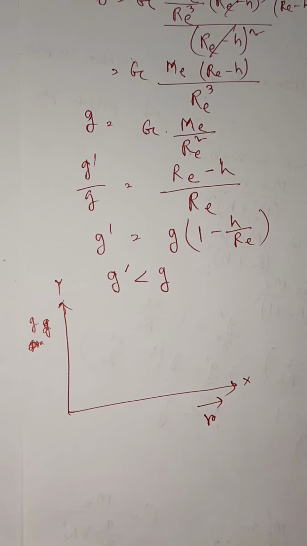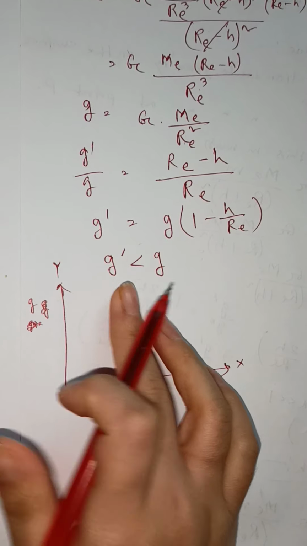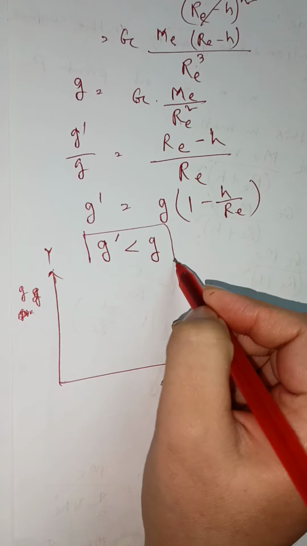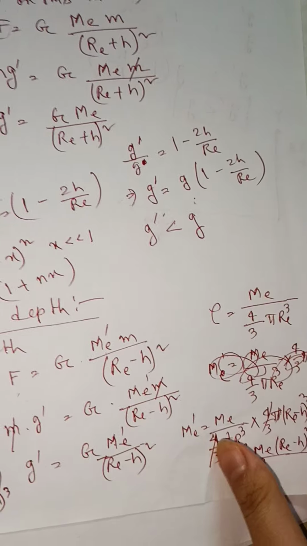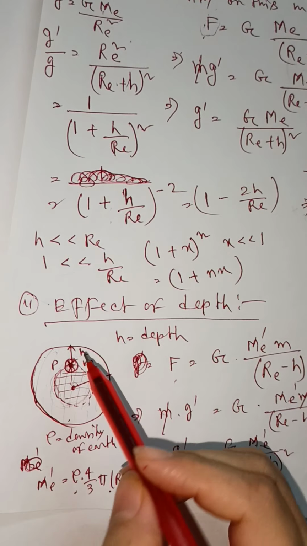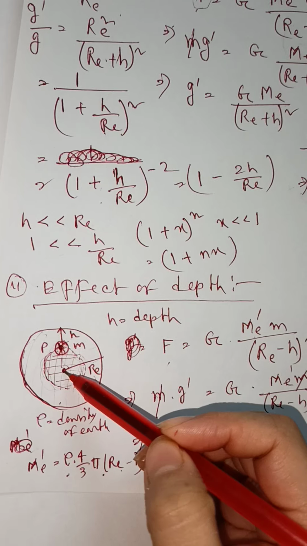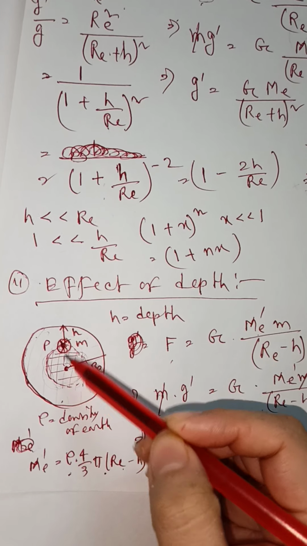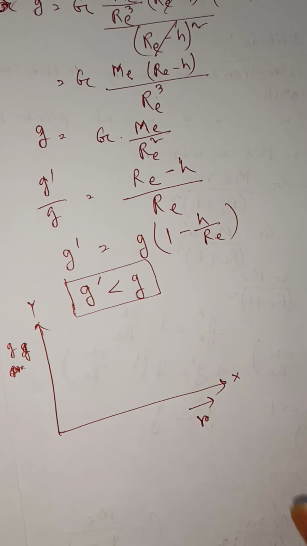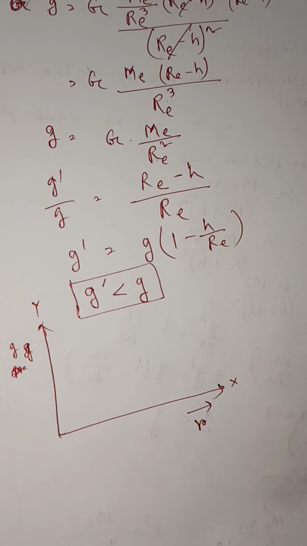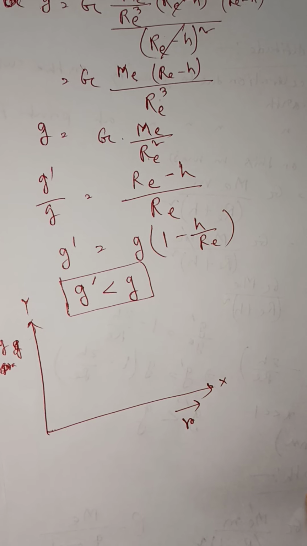So now just look at here. We will prove that if we increase the depth, that means if we place a body towards the center of the Earth, then g will decrease.